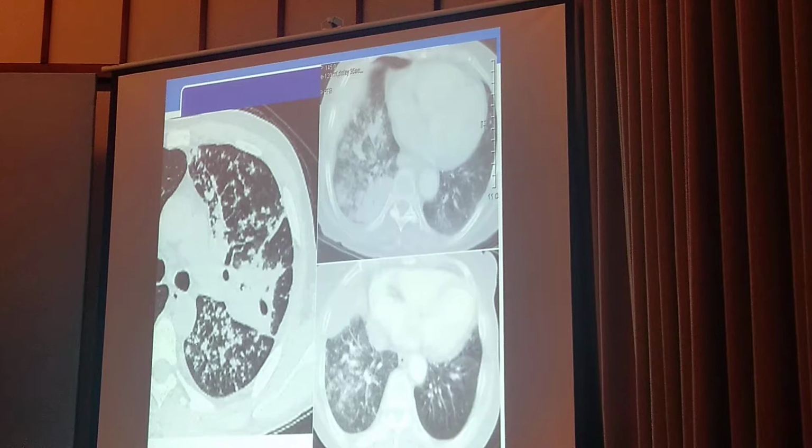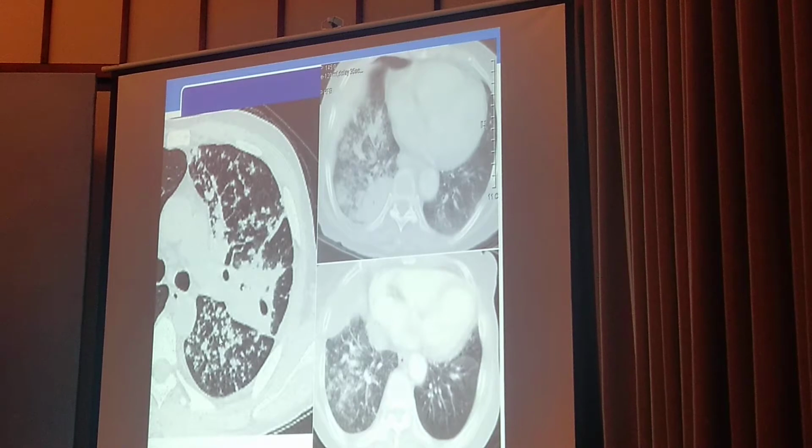This is a typical case of tuberculosis: left upper consolidation, and a lot of centrilobular nodules and tree-bud nodules in the right lung and left lung. And another case of segmental atelectasis plus multiple centrilobular nodules.